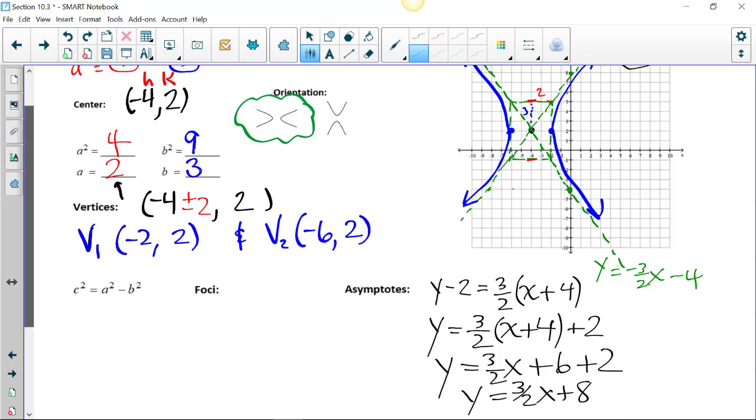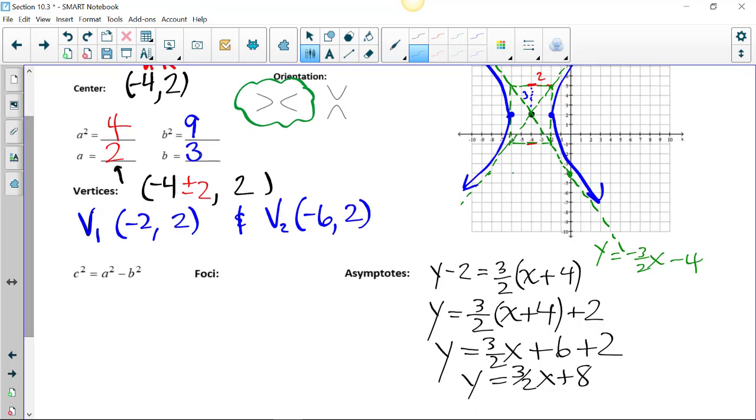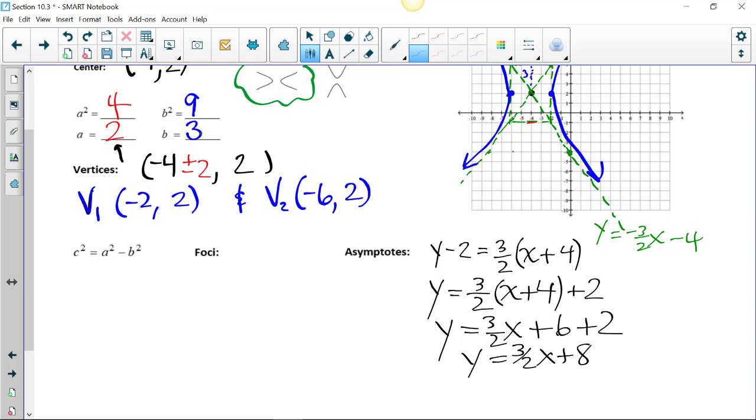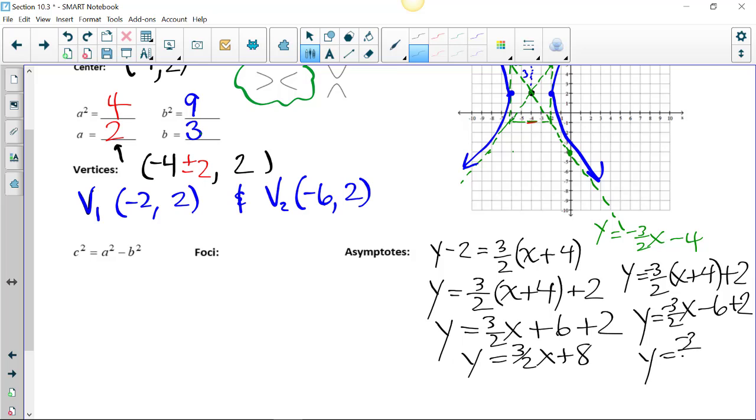The other one is found by using the negative: negative 3/2 times x plus 4, plus 2. Distribute the negative 3/2. That becomes negative 6 plus 2, which is y equals negative 3/2 x minus 4. So here's the one with the positive slope, and here's the one with the negative slope.